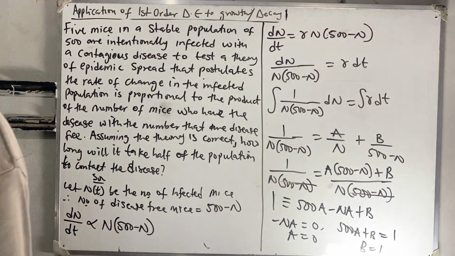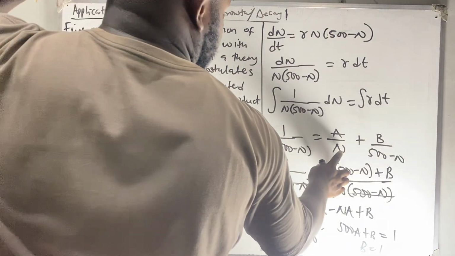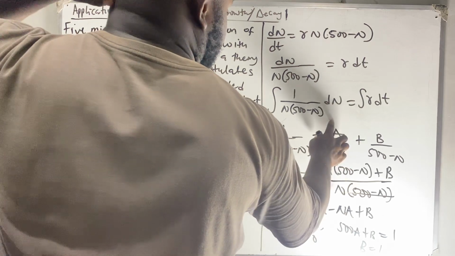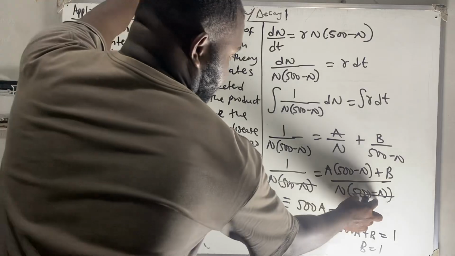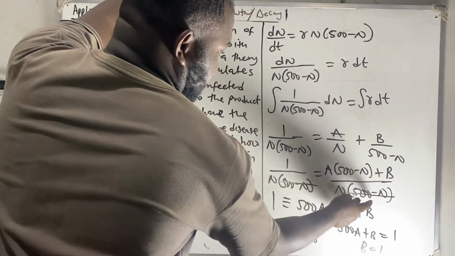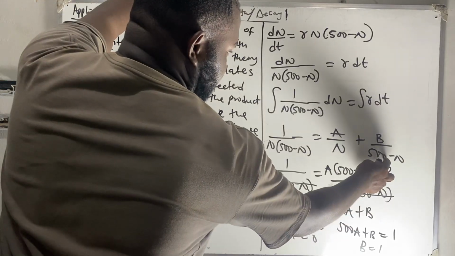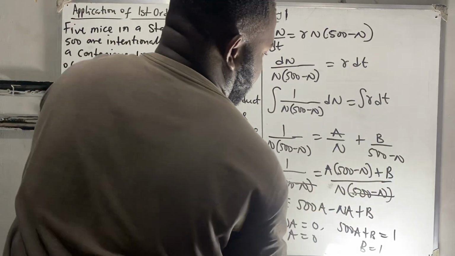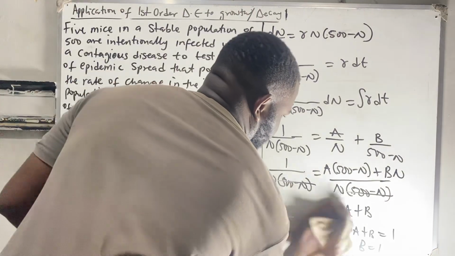So let's check where there is a mistake. This linear equation here is going to be a constant. When the both of them divide this, I'm left with this times A. Both of them divide this, I'm left with B. B times this, I'm having BN. Oh, sorry. This is where I have the mistake.